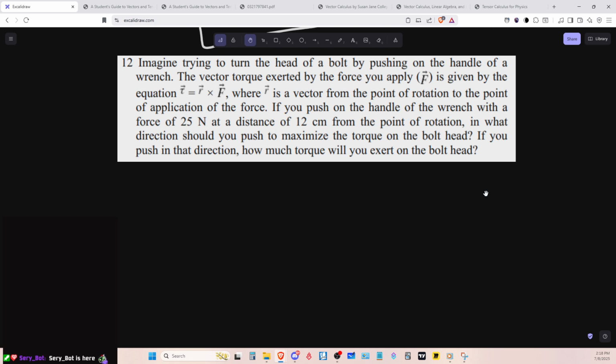The vector torque exerted by a force you apply. I'm so used to this type of problem since I am familiar with cross product and dot product, so I'm wondering if they're gonna make you do the sine version of this.